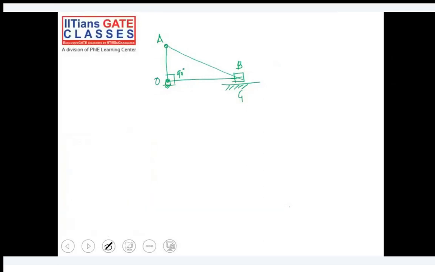Why straight line? So let's take this example. Okay, so this is the omega, for example. So this is your O point, G point, and this is A point.